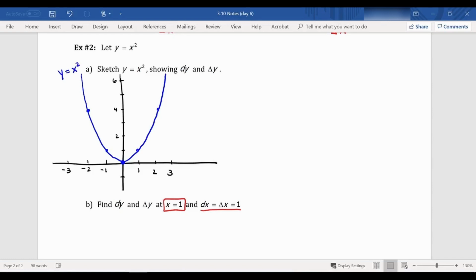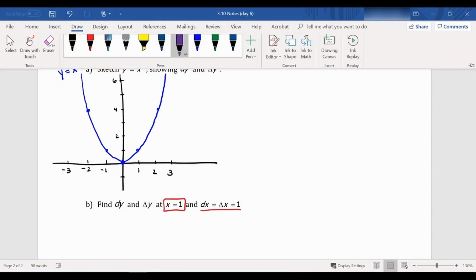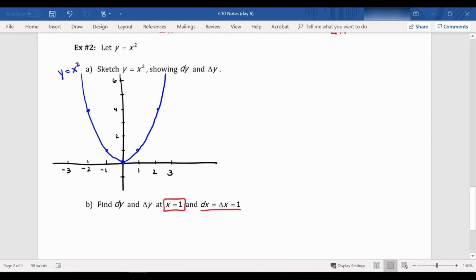So right away, we could draw at x equals 1. We know that delta x is 1. So from x equals 1, this point, over to 2, where is my corresponding y point? I can find delta y, purple here, right? My delta y would be this guy, and my delta x would be this guy.